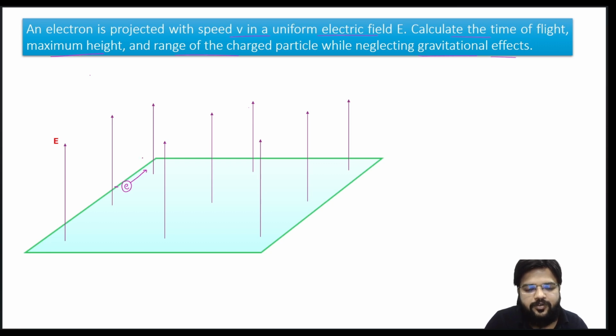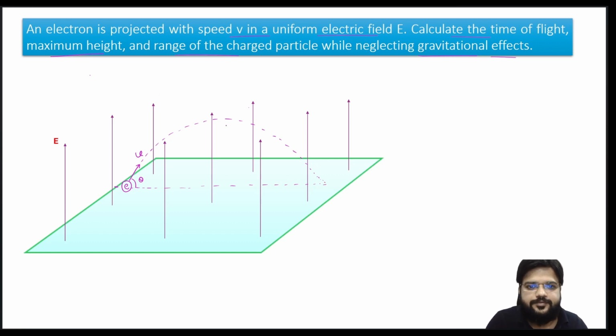We are throwing this electron with speed v at angle theta with the horizontal. Now it is doing projectile motion. What we want is the range, the maximum height, and the time of flight.